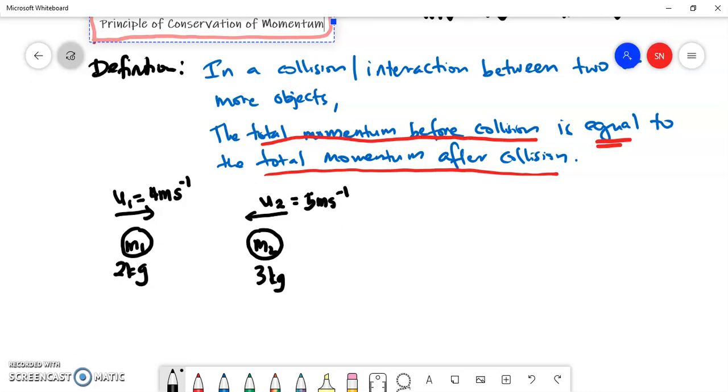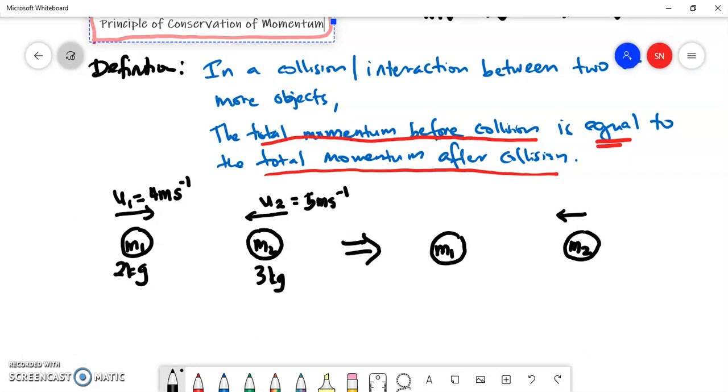Now after collision, let's say these two objects collide. After collision, what happens? Let's say the object m2 is moving in this direction but at a slower velocity because it collided.